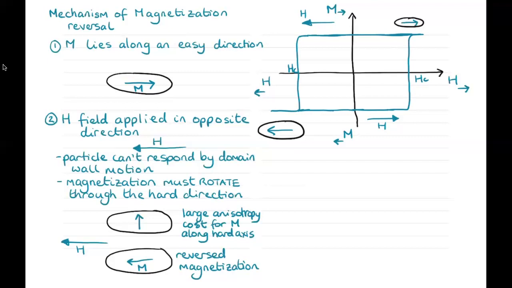So we see that the shape of the hysteresis for a small particle containing a single domain, when the magnetic field is applied along the magnetization direction, is we get a very square and often rather large, in the sense that we have a large coercive field, hysteresis loop.